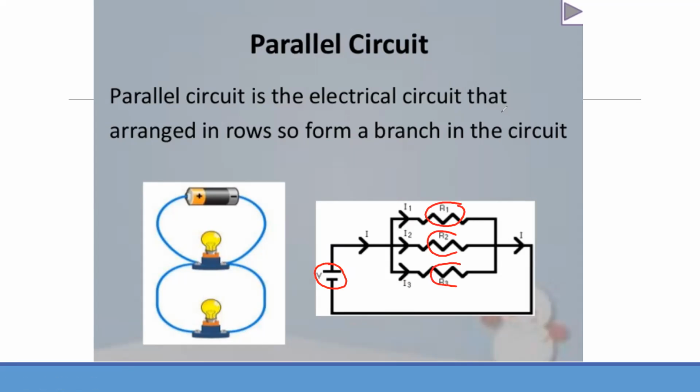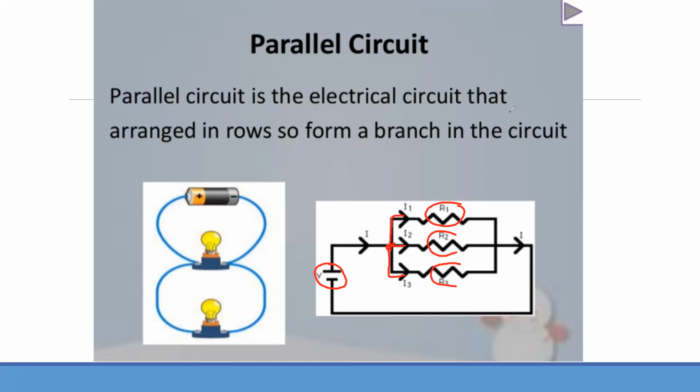From here, we have the current, but when the current stops at this point, it sees which branch should I go to? Since they want to make the 3 resistors work, they have to go to each branch. So they have to go to R1, R2 and R3.